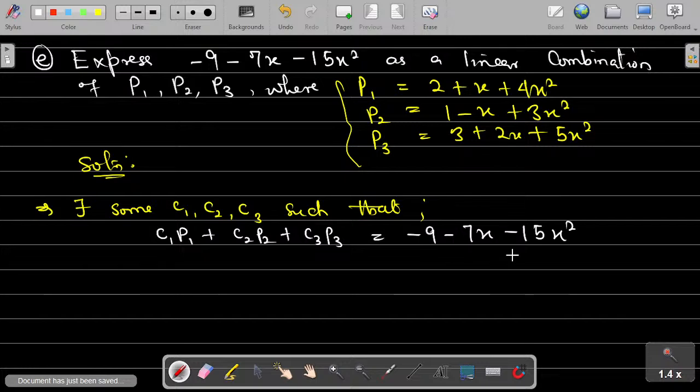Okay, so that's the meaning of this vector forming a linear combination of these three. That's the first thing they gave us in the definition.